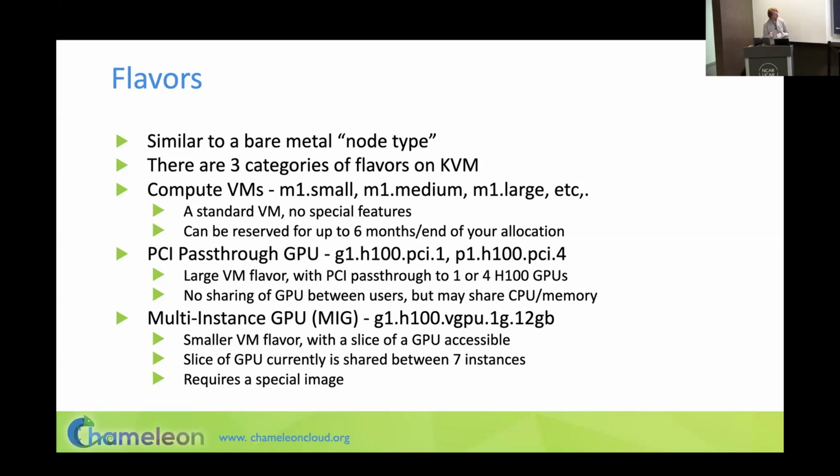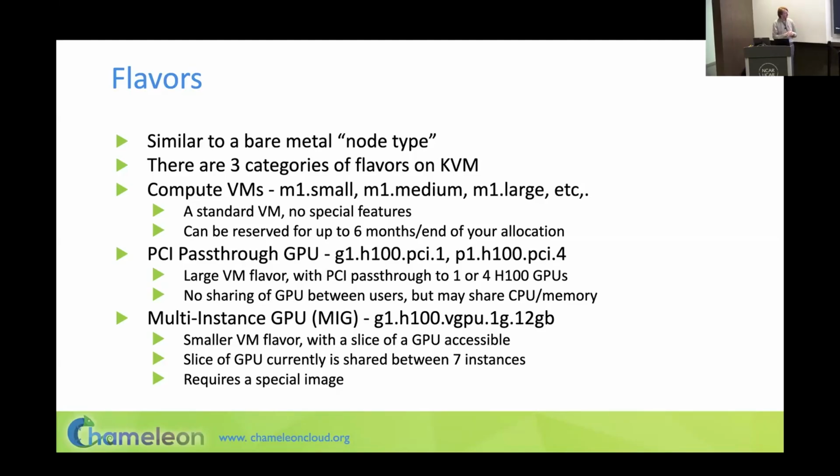And then brand new, in the last month, we have this multi-instance GPU flavor, which abbreviates to MIG. The flavor for this is g1.h100.vgpu.1g.12gb. So it's a real mouthful. But this is a much smaller VM flavor, so you're not getting a quarter of the node.